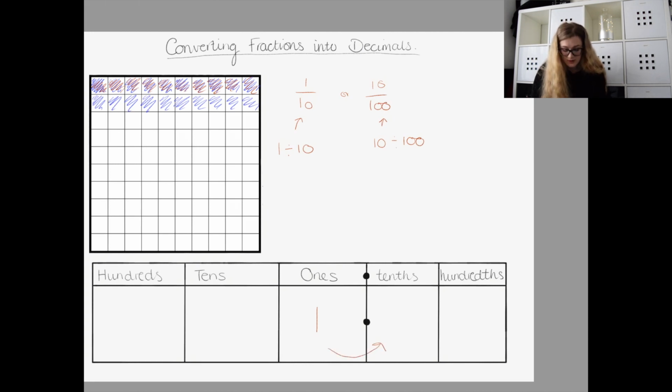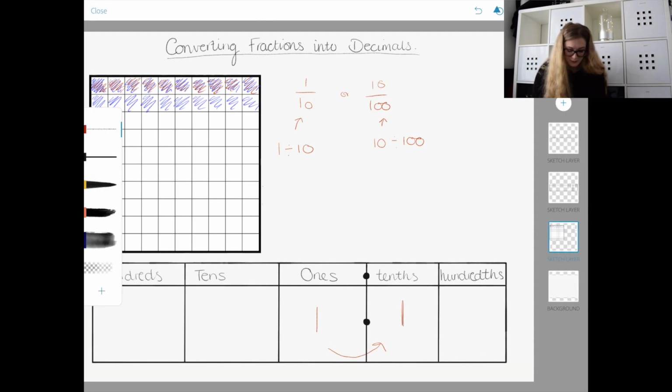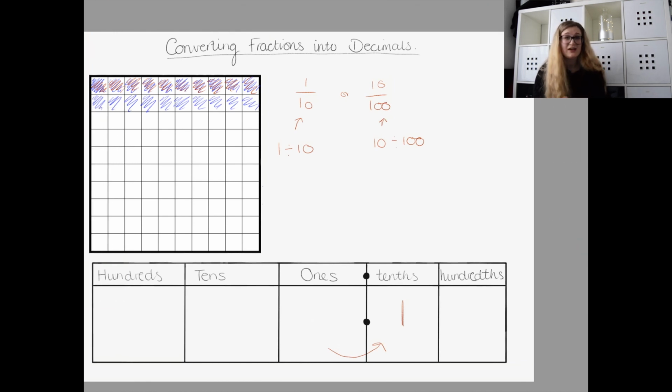My 1 now goes here, but I can't keep that other one in there because I've moved it. Because we had no numbers in front of that number, we've got to put our placeholder, and our placeholder is always a 0.